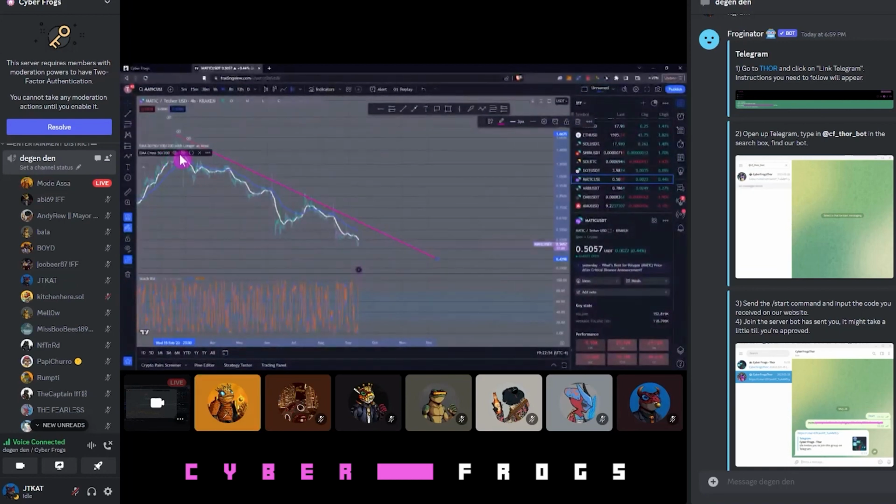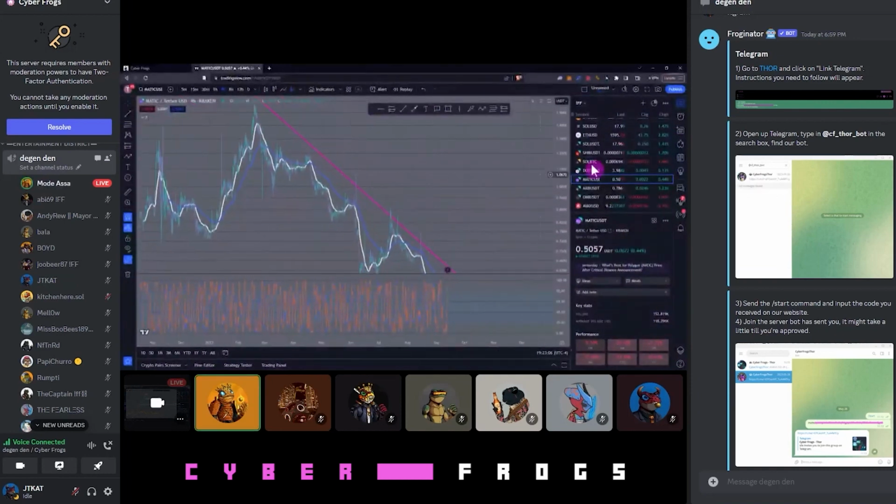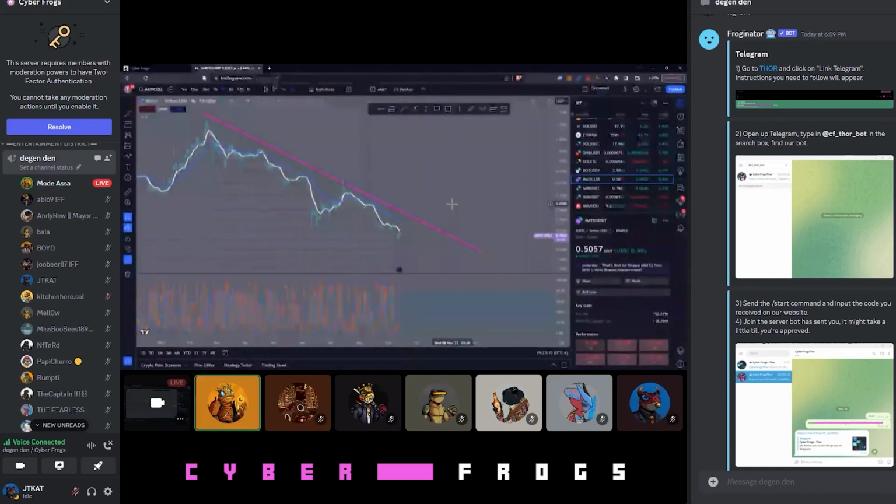There we go. Okay, so our overall trend is a downtrend, correct? We can agree on that. So that's the first major thing to take into consideration. The second major thing to take into consideration is, what's your short-term trend? Well, the shorter term trend is going down also, isn't it?